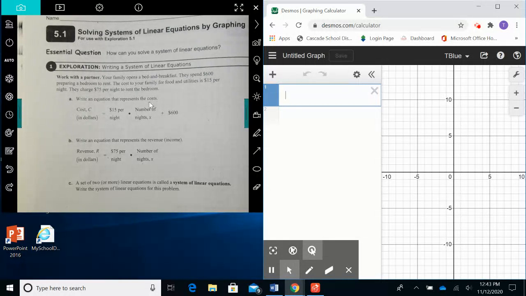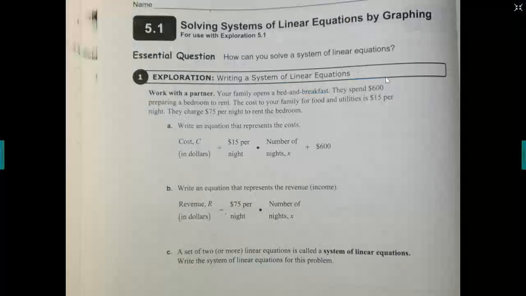Write an equation that represents the costs. Your family opens a bed and breakfast. They spend $600 preparing a bedroom to rent. The cost to your family for food and utilities is $15 per night. They charge $75 per night to rent the bedroom. A, write an equation that represents the cost.